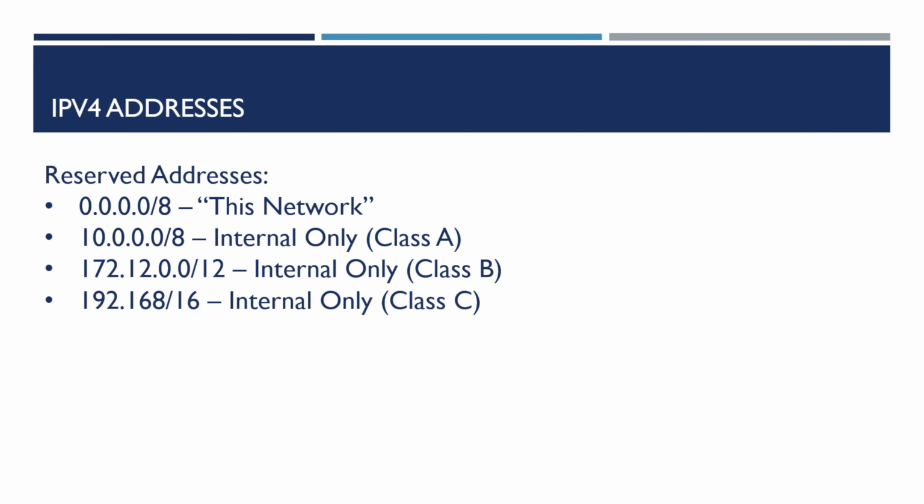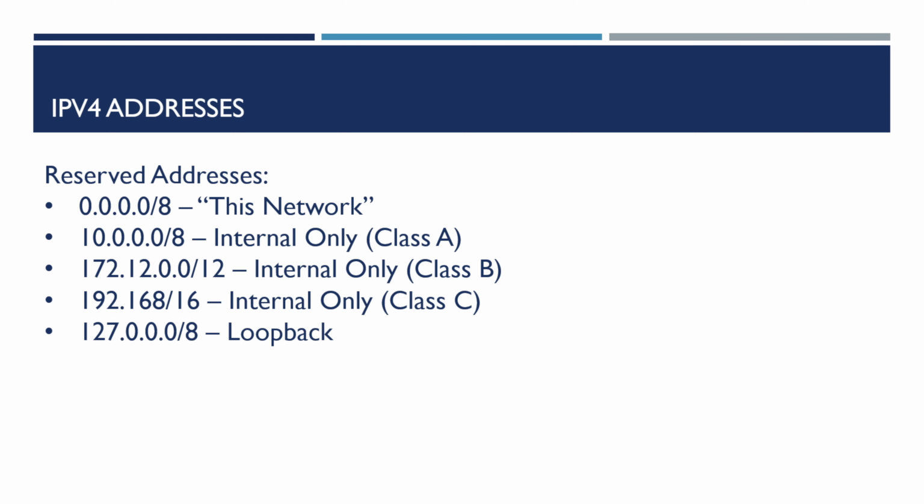The third internal address range is 192.168.0.0/16. It's anything starting in 192.168.